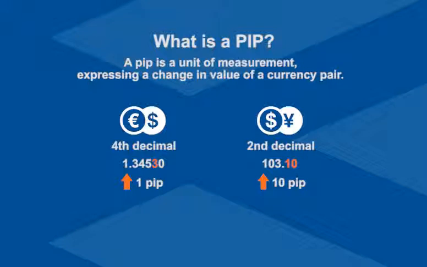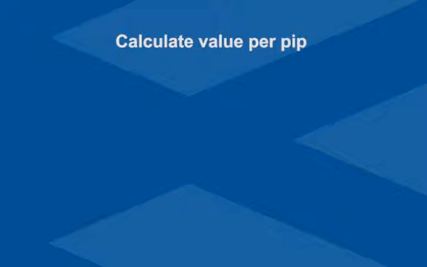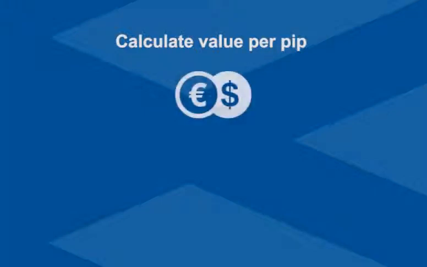One thing to note, this unit of measurement is only useful if value is assigned to it. So, how do we calculate value per pip in USD? This is dependent on contract sizing. Back to the previous example, Euro USD is quoted at 1.34520 and moves up to 1.34530.